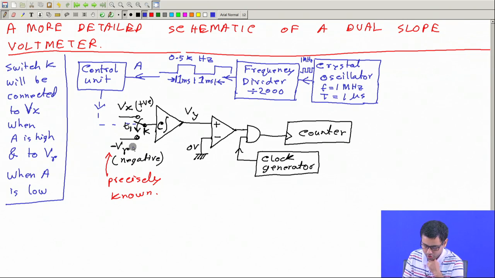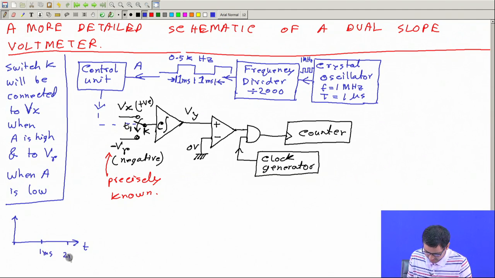Okay, so if so, then what will happen? In the first 1 millisecond, call this Vy, right? So this is 1 millisecond, this is 2 millisecond.